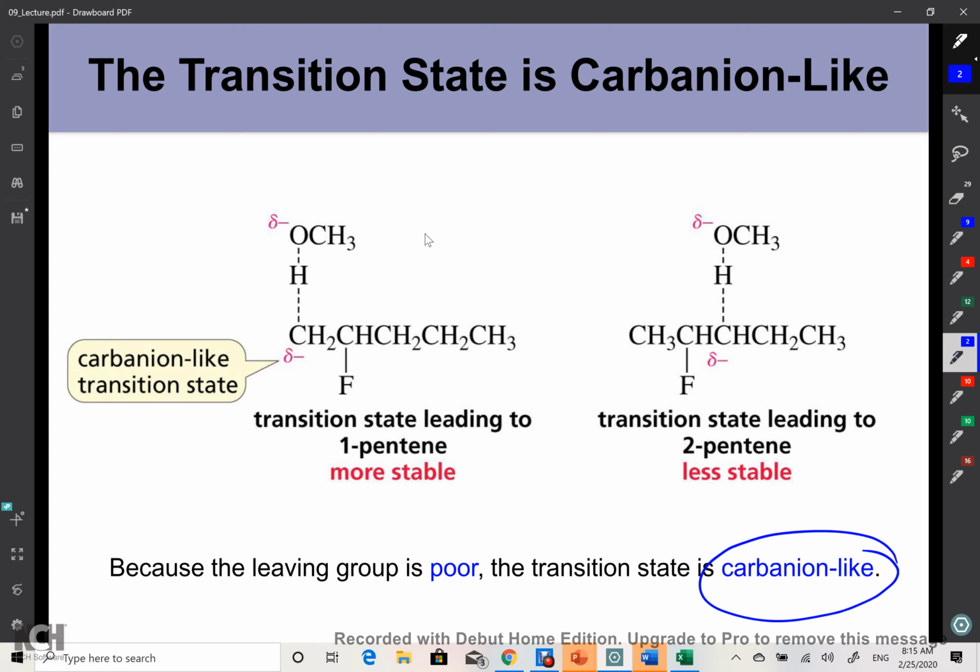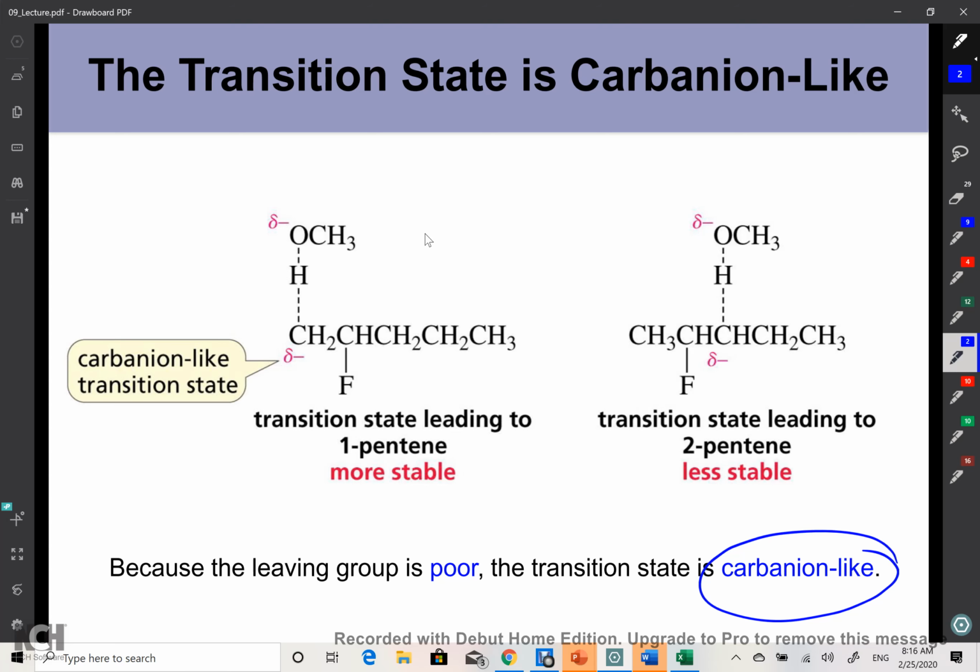Okay, a carbanion is the opposite of a carbocation. Remember, a carbocation is a positively charged carbon, whereas a carbanion in this case will be a negatively charged carbon. The order of stability of carbanions is kind of the reverse of carbocations.